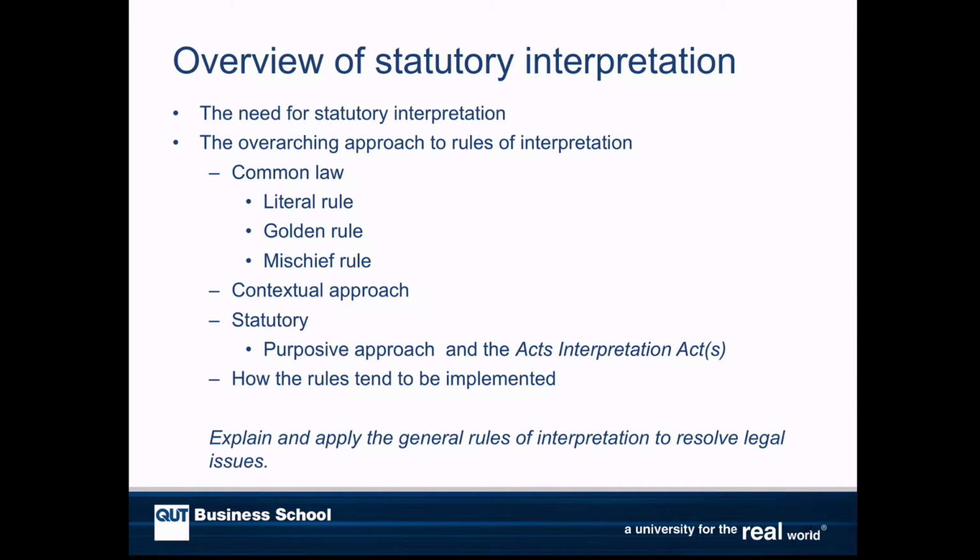As I mentioned, we're going to look at why we have statutory interpretation, and then go through three key approaches that are used: the old common law approach, which evolved into the contextual approach, and the statutory or purposive approach, which uses an Act of Parliament to help us interpret other Acts of Parliament. Then we're going to tie it all together, thinking about how the rules tend to be implemented and how they work.